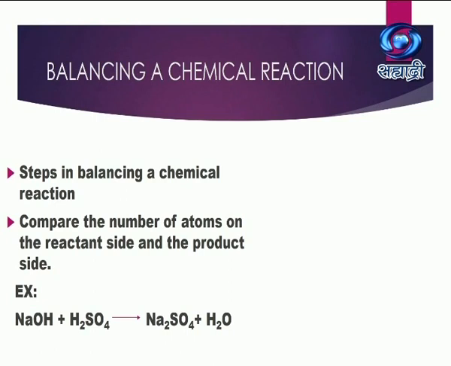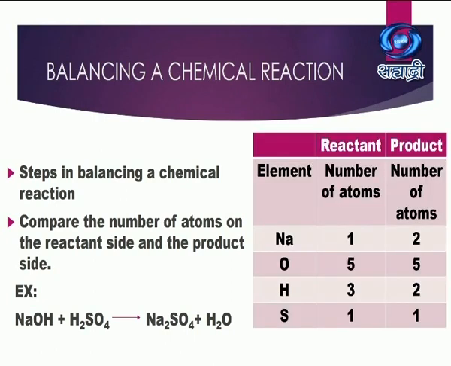Here we are going to compare the number of atoms on the reactant side and the product side. The first one, Na, that is sodium, number of atoms on the reactant side is only 1, but in the product side we can see that there are 2 atoms. Oxygen on the reactant side, there are 5, and on the product side they are 5. So oxygen is already balanced here.